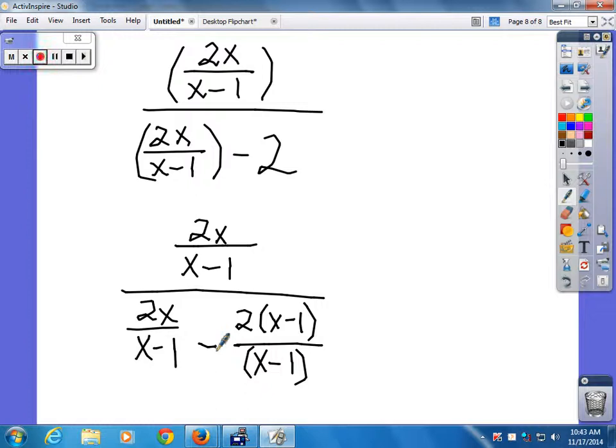What's x minus 1 over x minus 1? 1. What's 2 times 1? 2. Okay, so I haven't changed anything. So we got 2x over x minus 1 over 2x minus this.